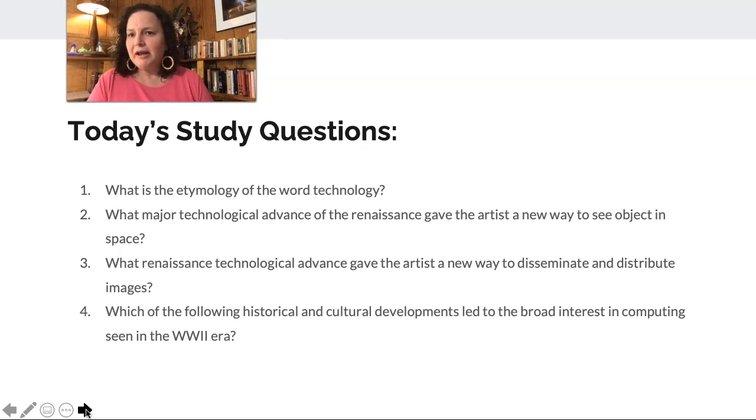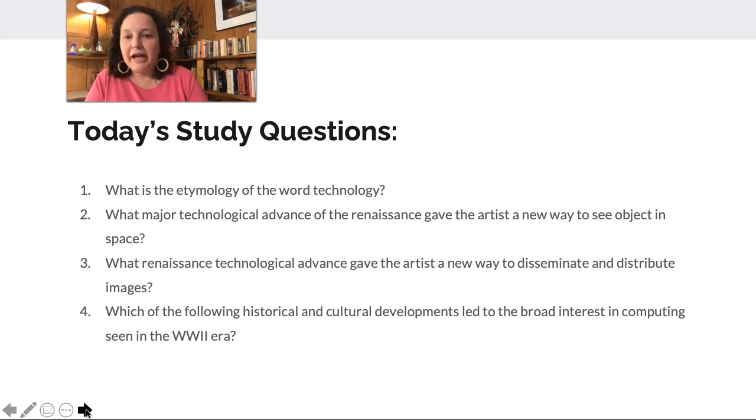They're also a way for me to highlight what I would consider the most important points in the lecture. So if you're looking for a quick and easy way to review for the midterm or the final, my advice would be to go back through the lectures and look at these study questions. They should be at the beginning of most of the lectures.